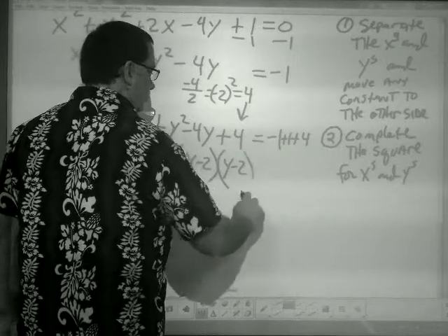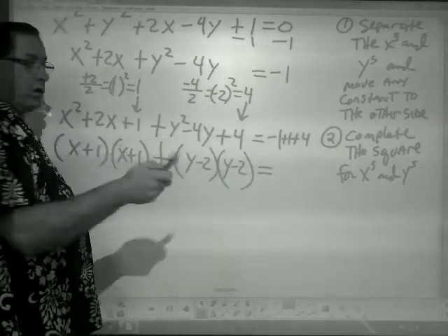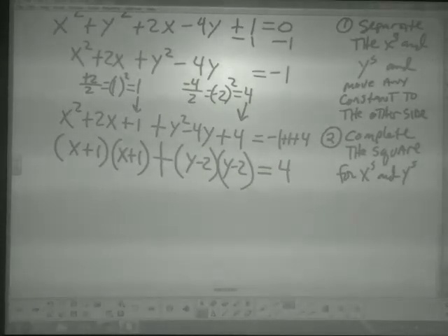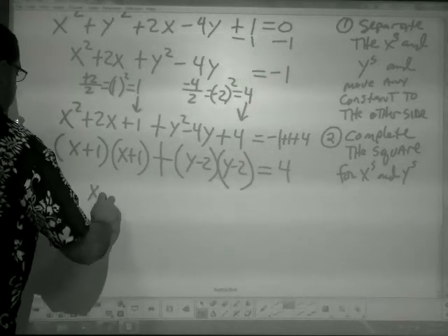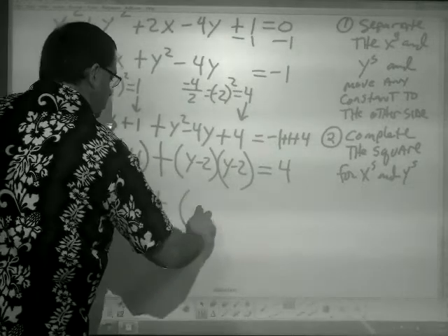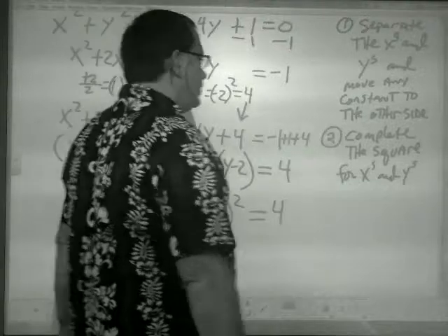Y minus 2 equals, well, a -1 add 1 is 0, add 4 is 4. So complete the square for x's and y's. Gotta keep going. So x plus 1 quantity squared, y minus 2 quantity squared is 4.